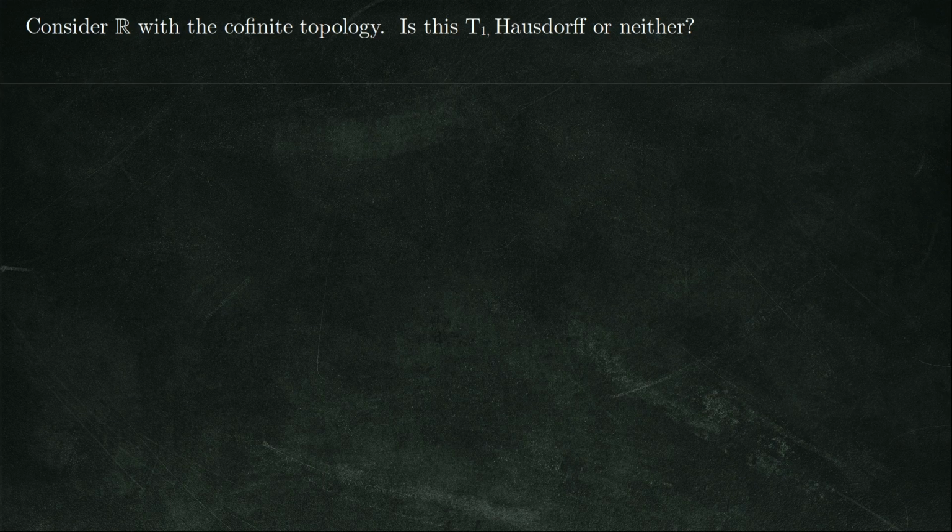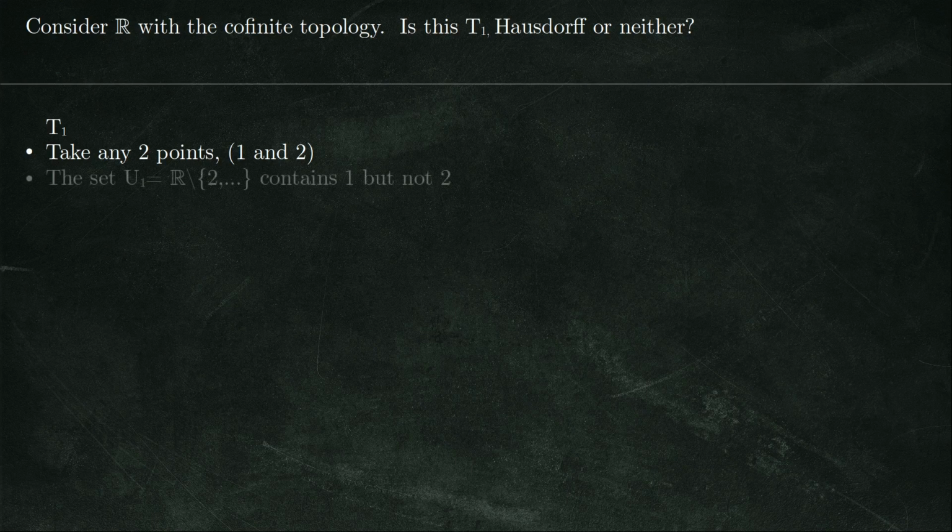Now consider R with the cofinite topology. Is this T1, Hausdorff, or neither? Have a go on your own and then come back to the video. Okay, now you've had a think. This space is T1, and we can show that by firstly taking any 2 points. Here, let's just take 1 and 2 again.